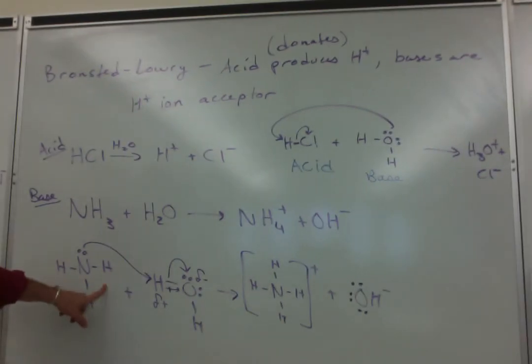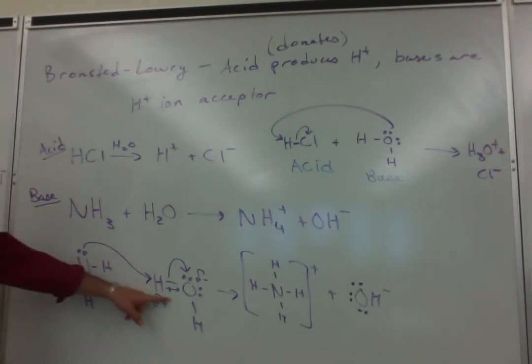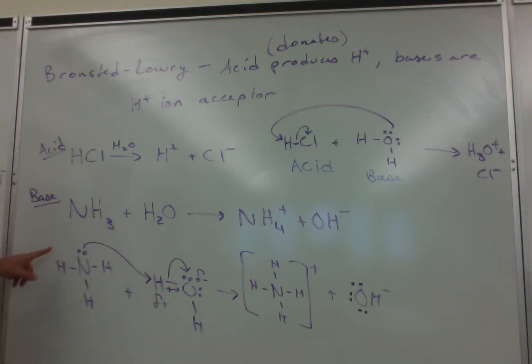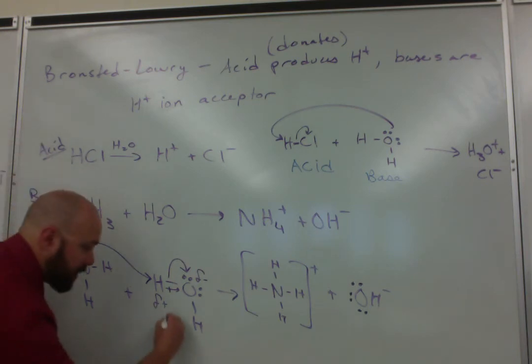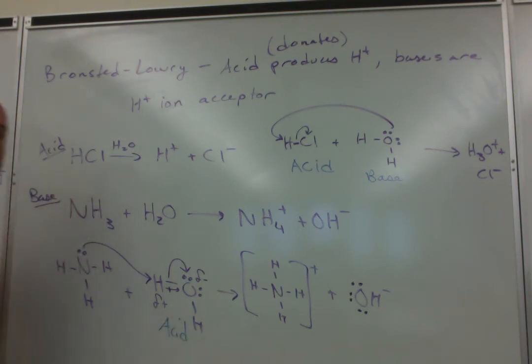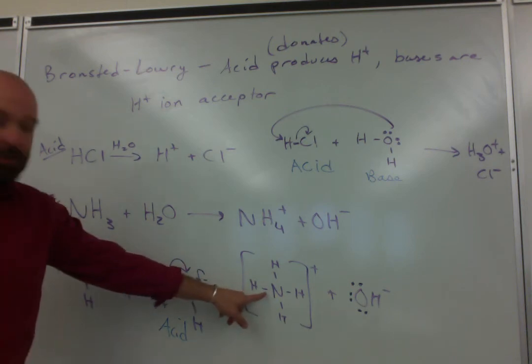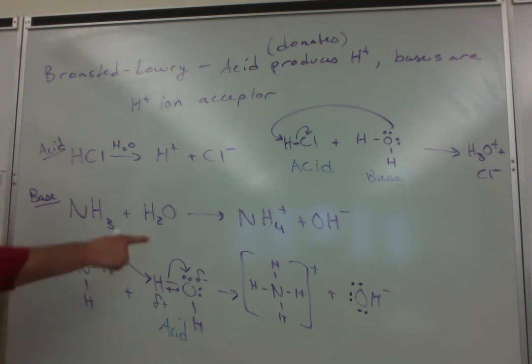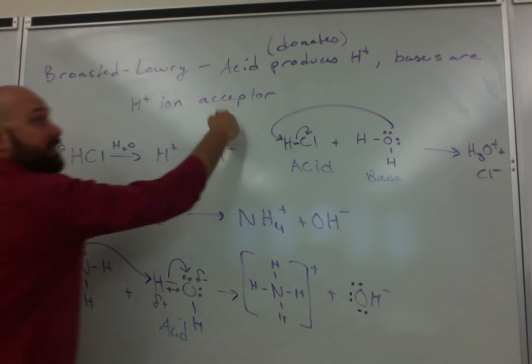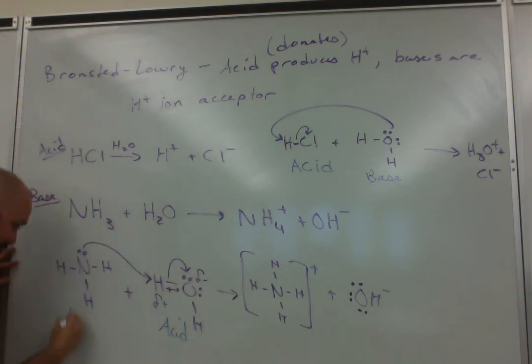So here, water is donating the hydrogen to the NH3. So here, water's the acid. And then NH3 becomes NH4+. So NH3 accepted a hydrogen ion. So here, NH3 is the base.